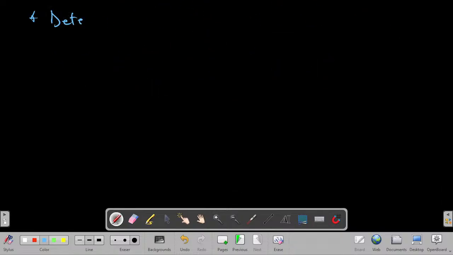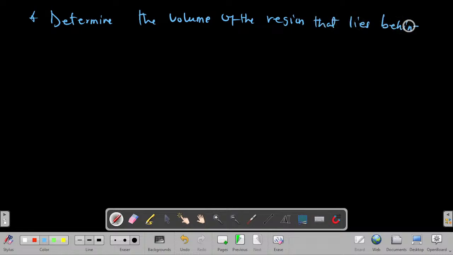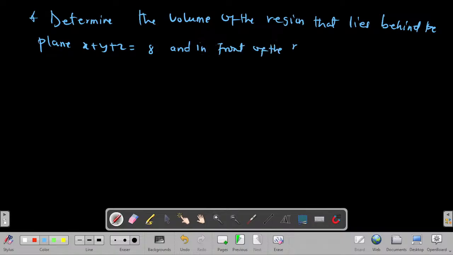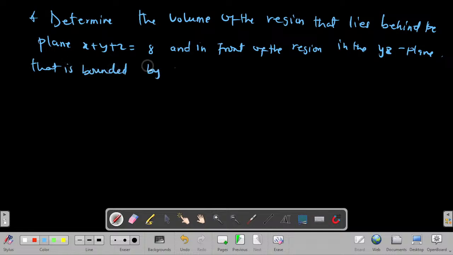It says, determine the volume of the region that lies beneath the plane x plus y plus z equal to 8 and in front of the region in the yz plane that is bounded by z equal to 3 over 2 root y and z equal to 3 over 4 y.